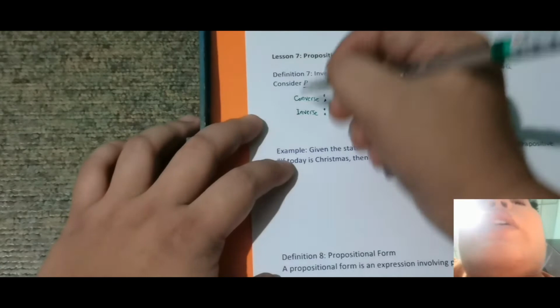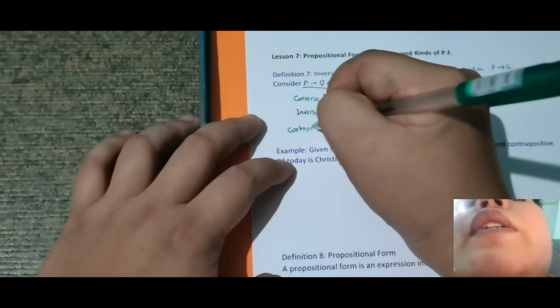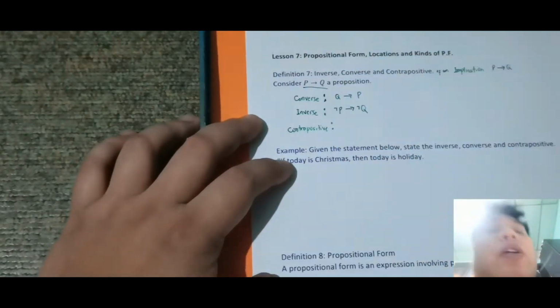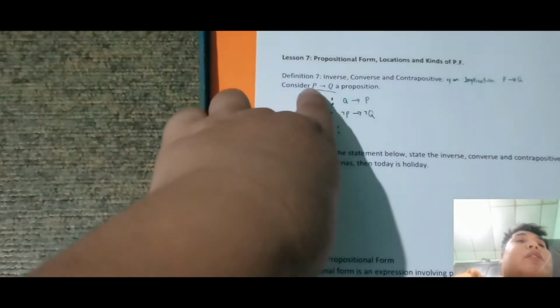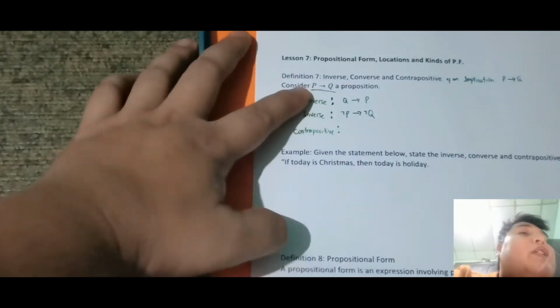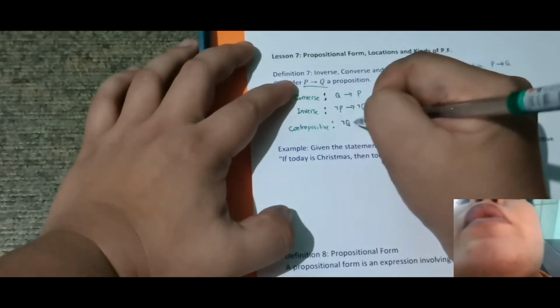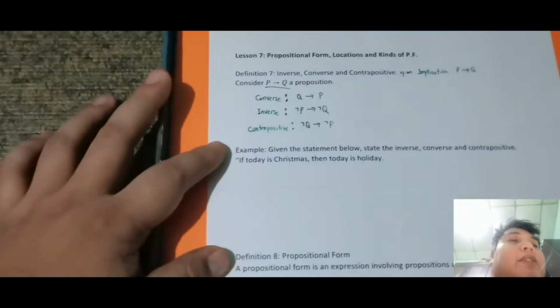So last is contrapositive. So, ang gagawin naman ng contrapositive is pinagsamang converse and inverse. Ito yung basis, yung P implies Q. Pagbabalik rin ko siya, but yung Q magiging not Q implies not P. Okay, so ganun siya kasimple.